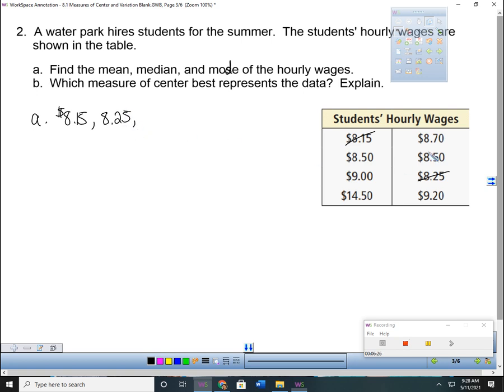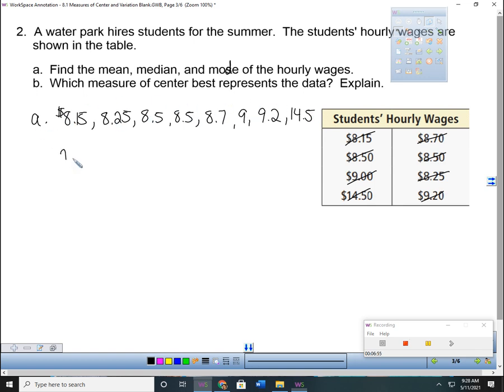Then I have 2 of the 8.50s. So 8.5, 8.5. Then 8.7, 9, 9.2, and 14.5. So 1, 2, 3, 4, 5, 6, 7, 8 of them.